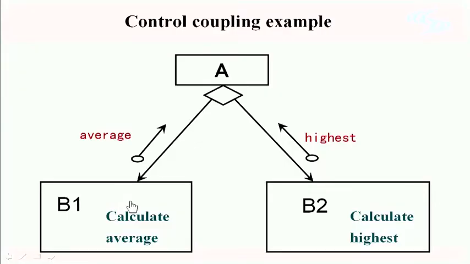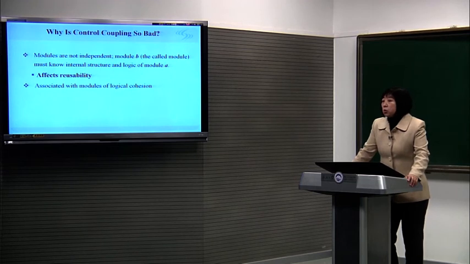So the solution is to split module B into two modules, B1 and B2. B1 is for calculating the average, and B2 is to calculate the highest, right? And the feedback will be just the average or highest separately. So why is control coupling so bad?